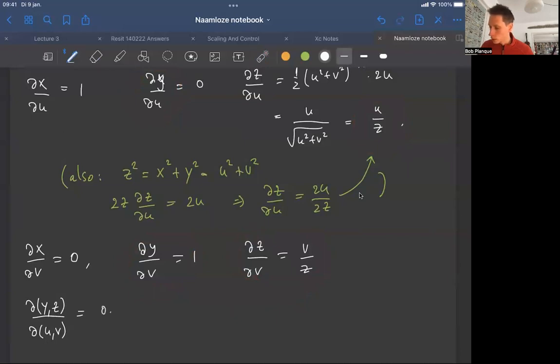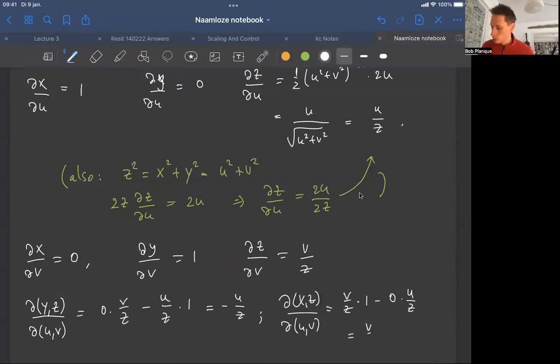So this is 0 times v over z minus u over z times 1. So this is minus u over z. And in a similar fashion, the determinant of x, z with respect to u, v equals v over z times 1 minus 0 times u over z, which is v over z.